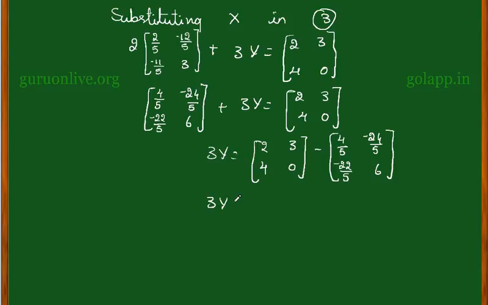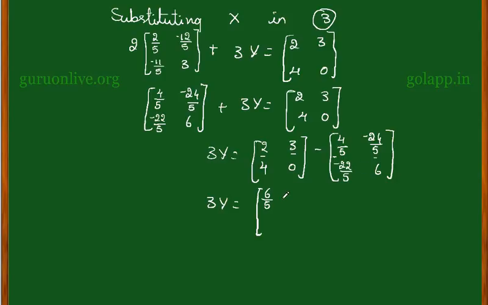So both are 2 cross 2 matrices. I can subtract the corresponding elements. The first element is 2, the corresponding element is 4 by 5. So 2 minus 4 by 5, I get 6 by 5. And next element is 3 and the corresponding element is minus 24 by 5. So minus into minus is plus.